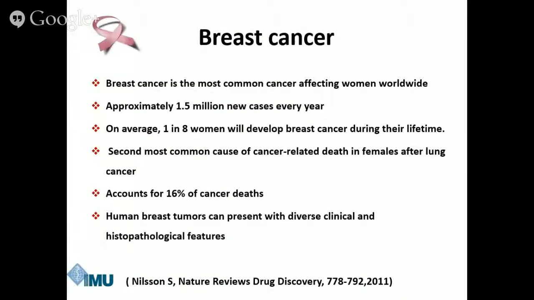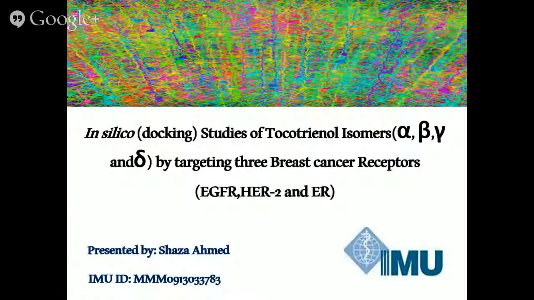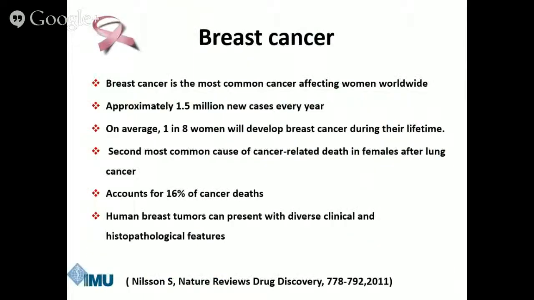What is tocotrienol? Tocotrienol is basically vitamin E. Tocotrienol isomers are part of vitamin E, which is basically oil. Tocotrienol is found abundantly in oil.